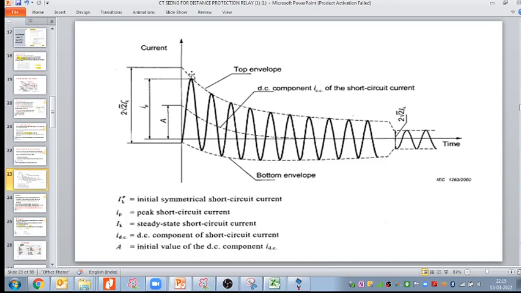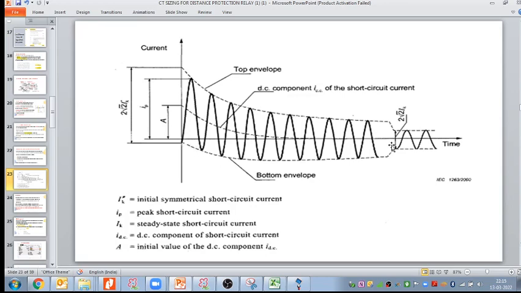This is my maximum peak and this is my minimum, so we can draw one top envelope and one bottom envelope.